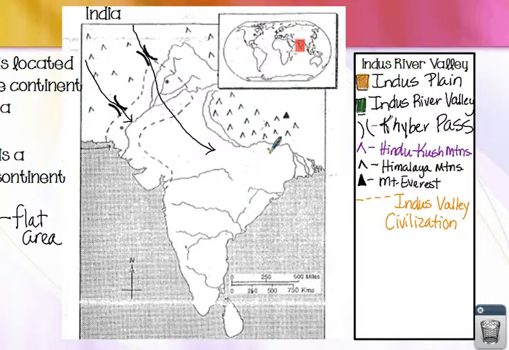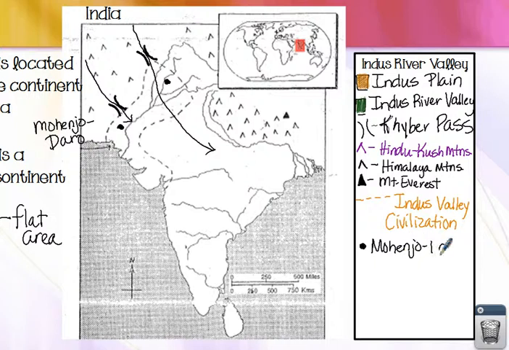Now, speaking of these two little dots, as I called them, let's go ahead and darken these in. These represent the towns or the cities, the civilizations that were there. Alright, this one right here is Mohenjo-Daro, M-O-H-E-N-J-O, Daro. So let's go ahead and make one dot over here and label it Mohenjo-Daro.